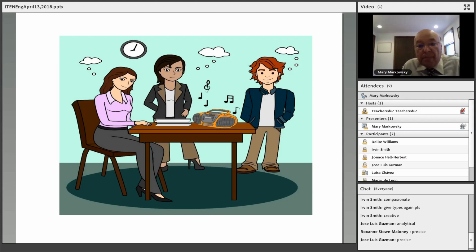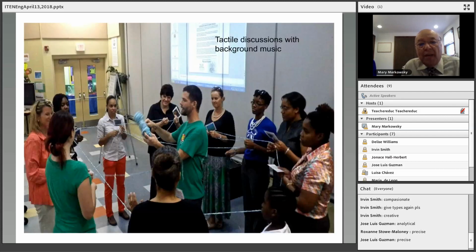These are a group of employees working with background music. That's a graphic design made by an artist we have, and they're brainstorming ideas. These are teachers in a workshop having tactile discussions with background music. It's tactile because they're using yarns to move it around and ask questions.